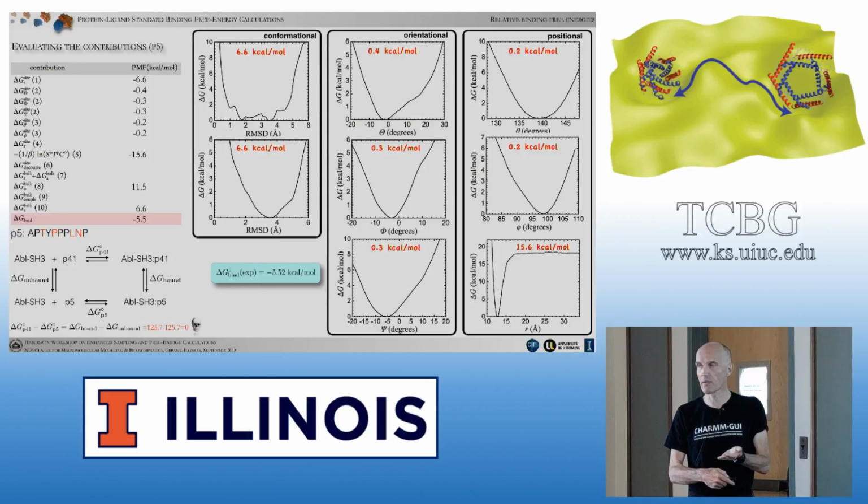But in this case, it would seem that it's more cost effective to do the absolute binding free energy calculation. Now, you may argue that maybe we were brain dead to perturb the 4 amino acids at a time.